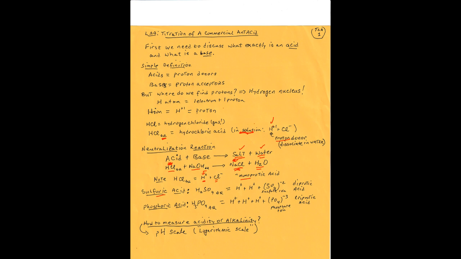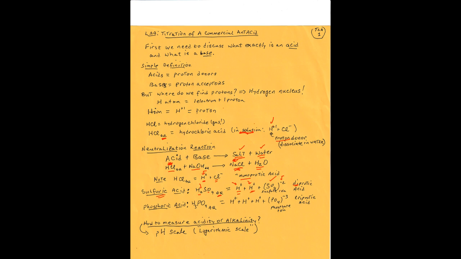Sulfuric acid is H2SO4, aqueous, because in solution these two hydrogens break off as H+, and there's our old friend, the sulfate ion, SO4 2-. Sulfuric acid is diprotic because it's giving away two protons. You see, one, two. Remember, a hydrogen nucleus is a proton.